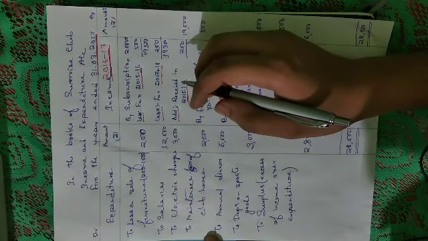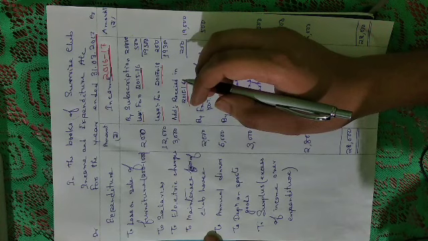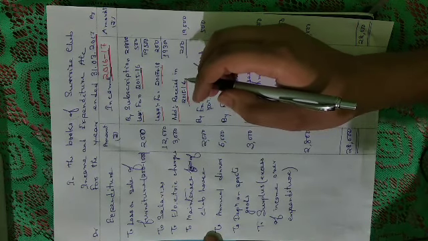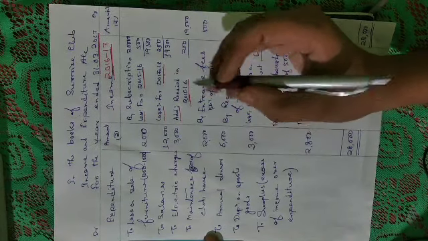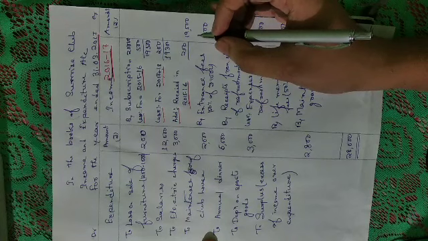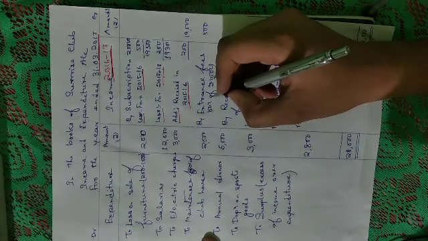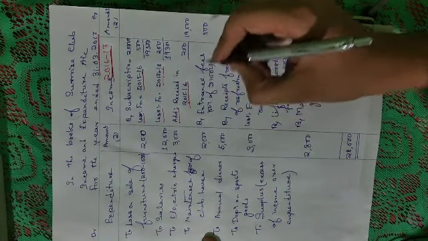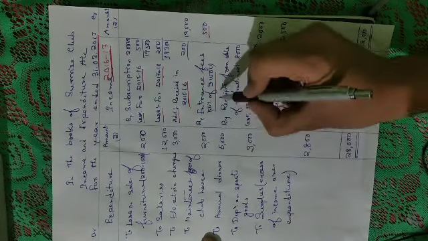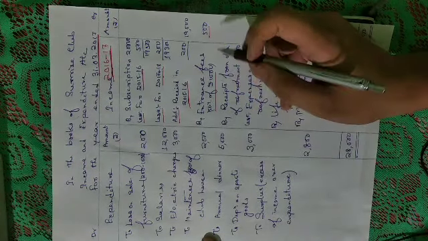Next, entrance fees. In the question it is mentioned that 50% of the entrance fees and total life membership fees are to be capitalized, and 50% is revenue in nature. So total entrance fee is rupees 1000, and 50% of 1000 is 500.